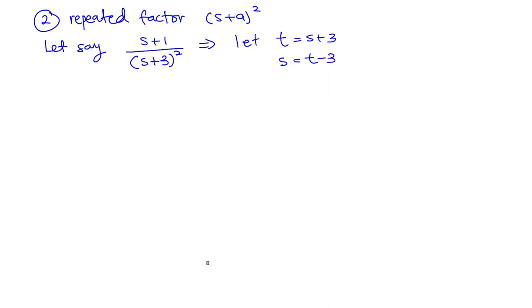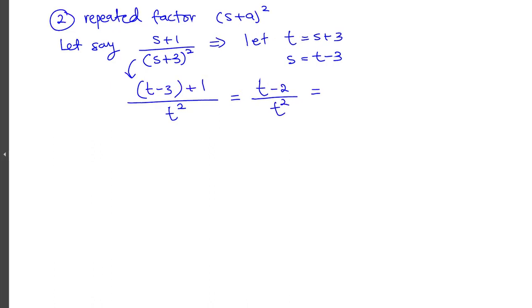You substitute t minus 3 plus 1 divided by t squared. So you get (t minus 2) divided by t squared.